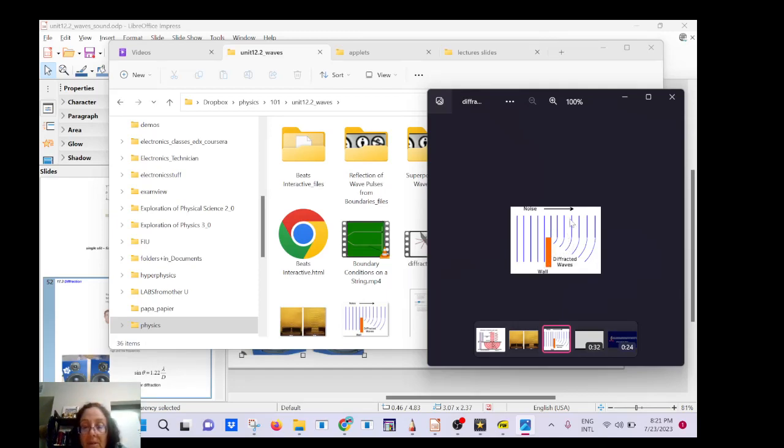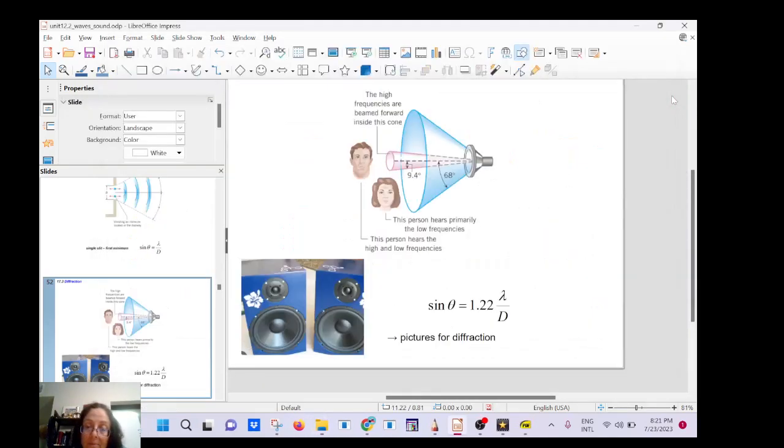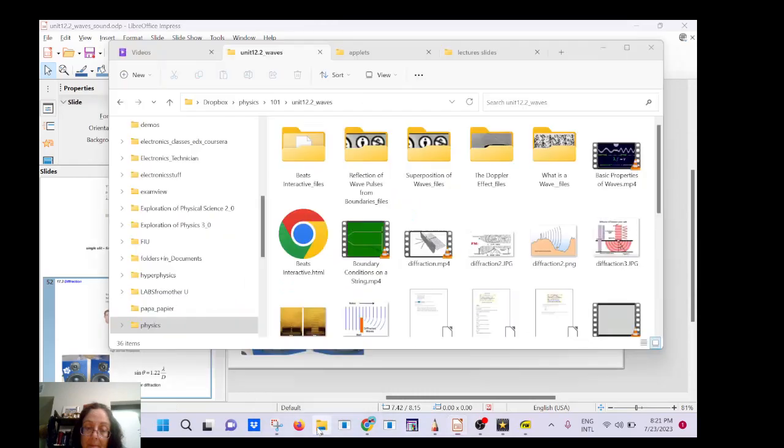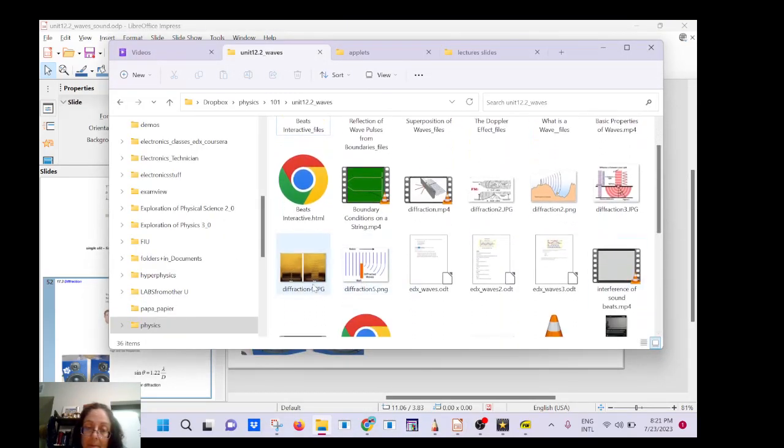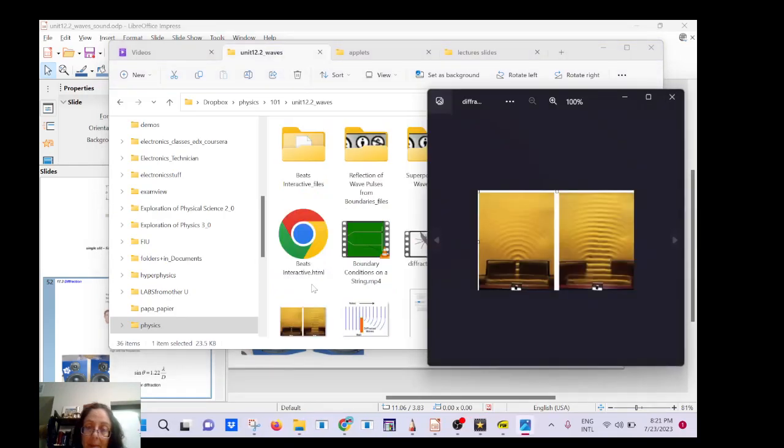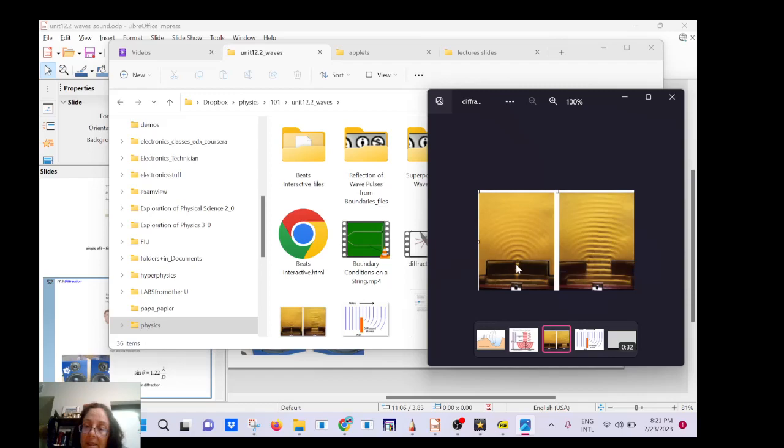So you still have diffraction. I have another image here. See, this is a water wave here. The opening is small, so you can have a lot of spreading out. The opening is large relative to the wavelength, so it doesn't spread out that much.